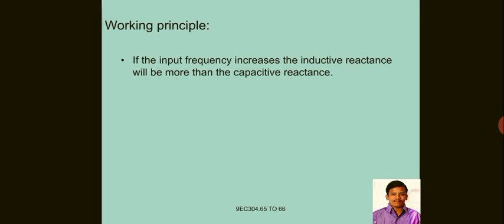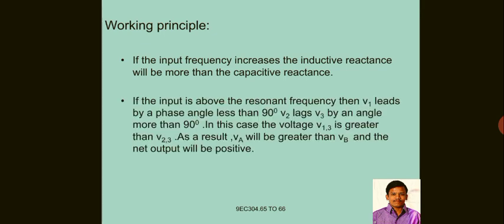If the input frequency increases, as I just told from the phasor diagram, inductive reactance will be more, because XL equals 2 pi fL and XC equals 1 by 2 pi fC. So since we are considering higher frequency, inductive reactance will be more compared to the capacitive.